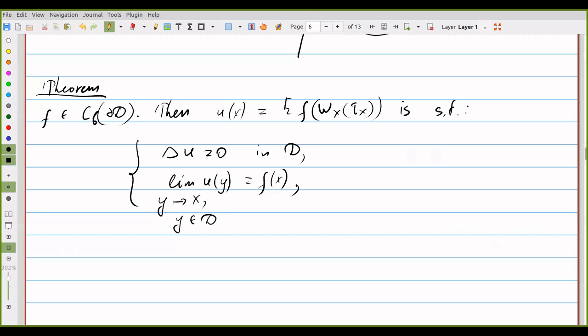With one important remark that this holds for all regular x. What happens at irregular x is not clear.